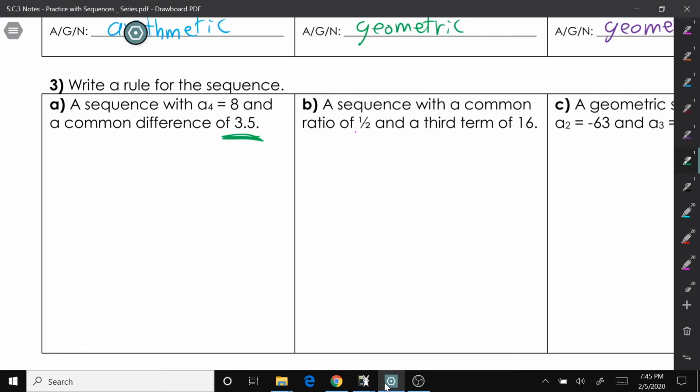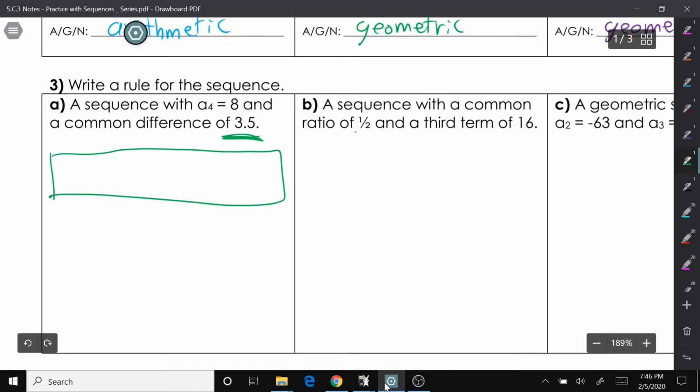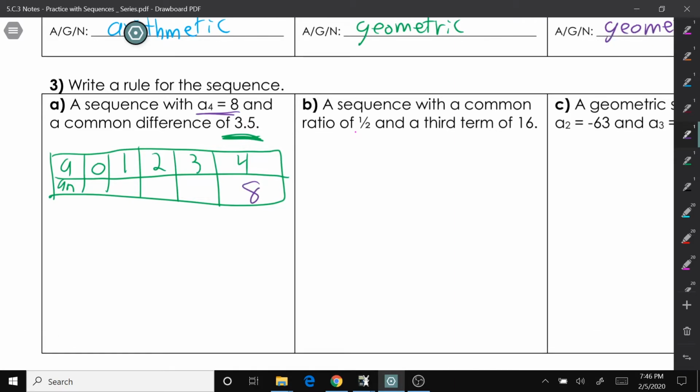So if we made a table, we eventually need to get to 0 in the x value. We know the 4th term is 8. And my common difference is 3.5. That means when I'm going forward, I'll be adding 3.5 each time.